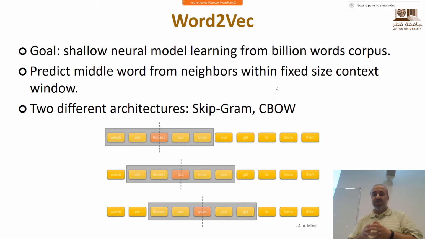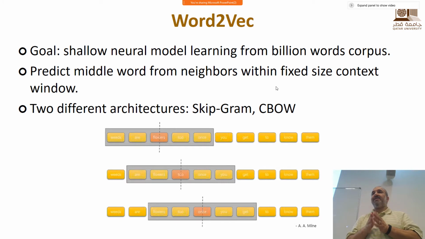We'll discuss each. But what is common between them is that we define a context window, okay, of fixed size. Let's say 5, okay? So we have a word in the middle and 2 words before and 2 words after. Okay, so that's the window. You will see that we will use this window in a bit different way between skipgram and continuous bag of words.